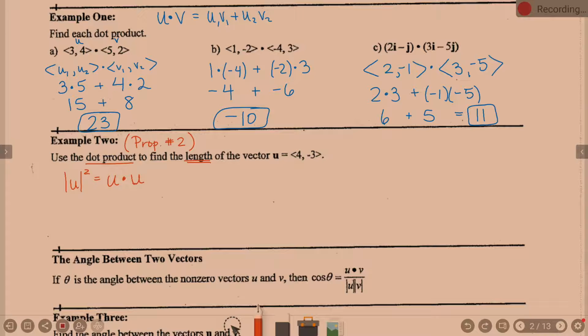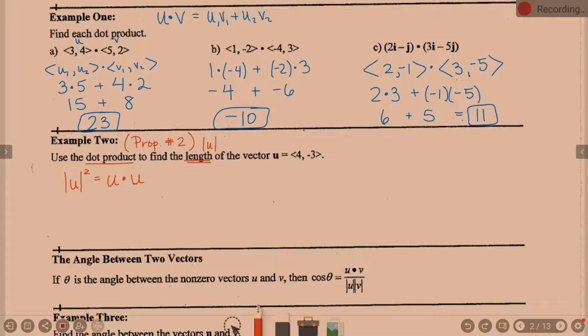Now what is it we're really trying to find here? When we want to find the length, the magnitude, are we trying to find the absolute value of u squared? We don't want the absolute value of u squared, we just want to find the absolute value of u. So before I start working, and you can wait and do it later as well, what do I do to make this the equation I need it to be? Right now it's absolute value of u squared.